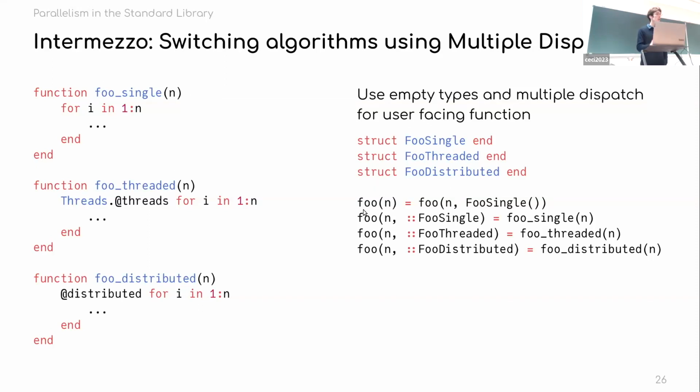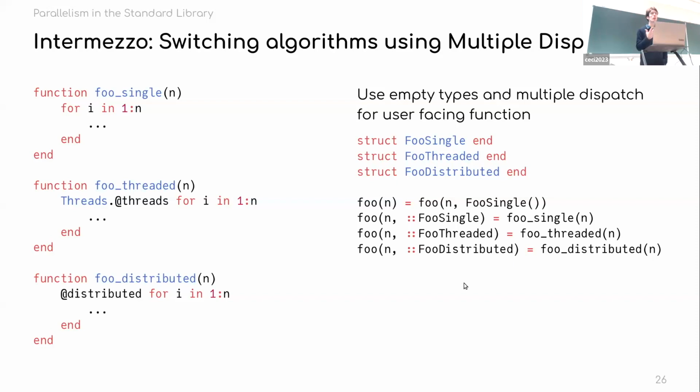Then my high-level function will be foo of n, which I define as foo of n with, by default, foo single. So the default behavior is single-threaded. But if the user wants to use the distributed or the threaded one, the only thing they have to do is call foo with two arguments and choose the algorithm that they want.